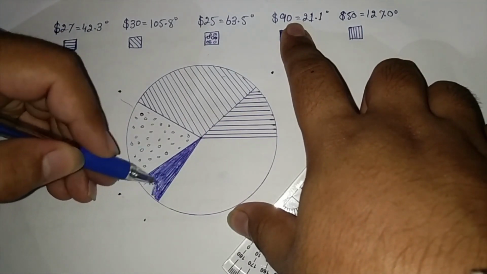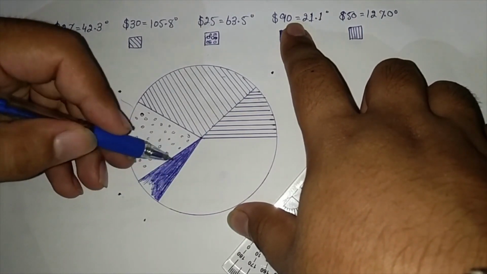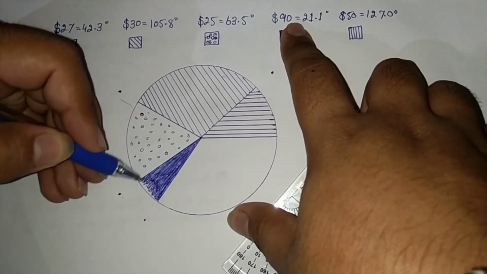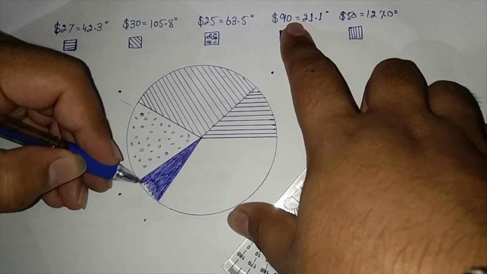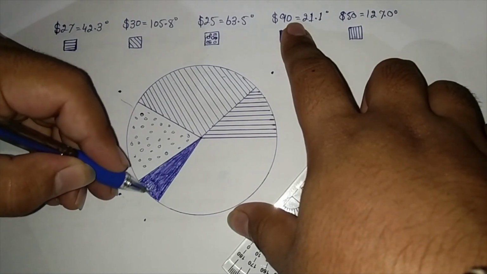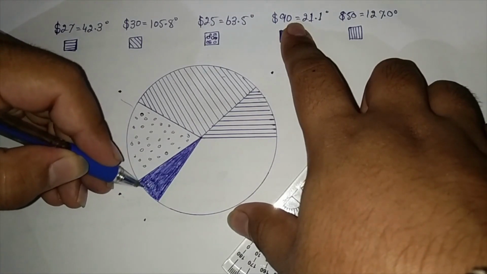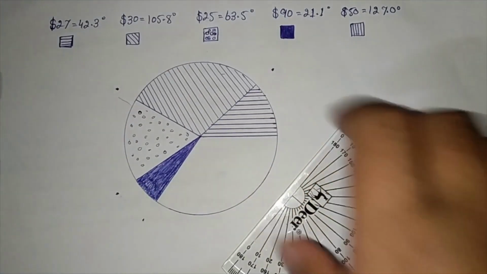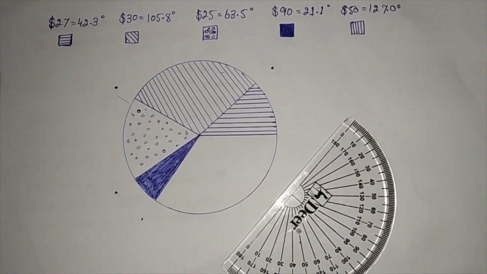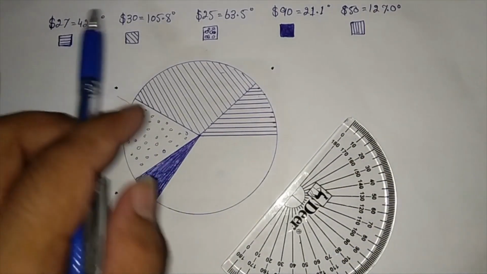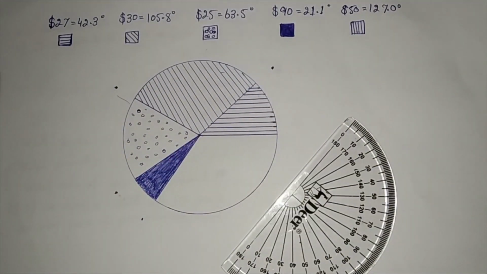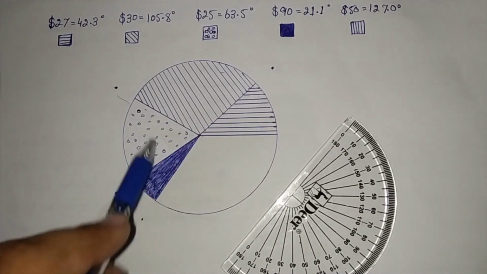Actually if we are left with our last part, we will not do it. We don't have to do it because it is already done for us. Let me show you. All right, so here we have 127 degrees. You can see here we have 5 categories, 1 2 3 4 5, and it means that we should have 5 slices.